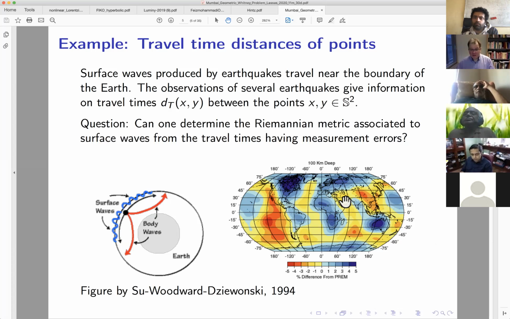We have abstract manifold, surface of Earth, and on surface of Earth, we have a Riemannian metric that models the travel time of earthquakes. It's not the Euclidean metric, but it's related to speed of earthquake waves, and that is related to materials that are below the surface of the Earth. So this is the abstract problem. That is one example.